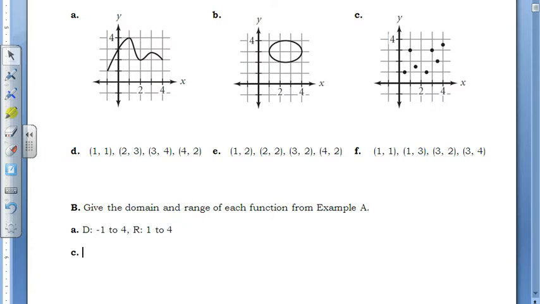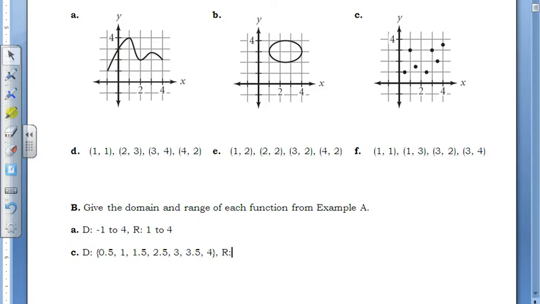Letter C, if it's not a continuous graph, you are required to list your domain and range singly. So I would have to list every single x coordinate. So I can see that's 0.5, 1, 1.5, 2.5, 3, 3.5, and 4.